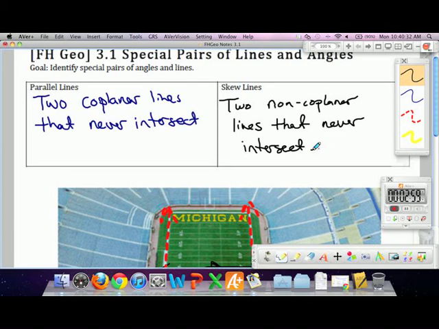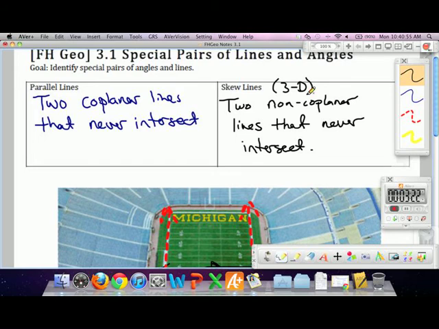We think of skew lines mostly in terms of three-dimensional space. They're not coplanar, so they're not on the same plane, which means the two planes would have to be above or below each other, or left and right of each other.